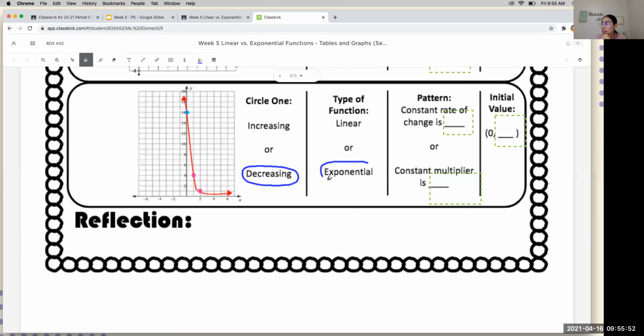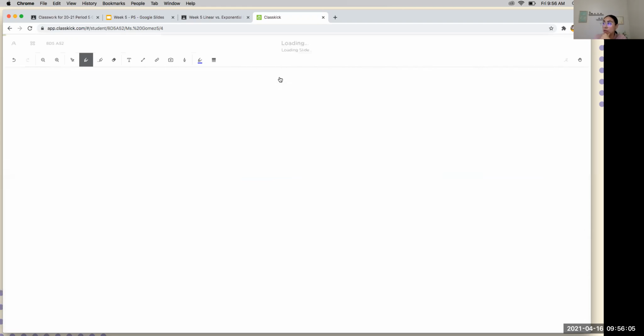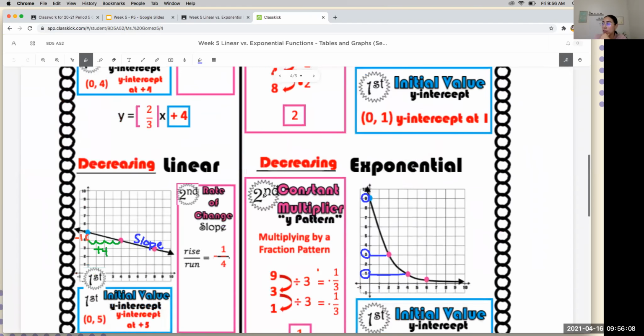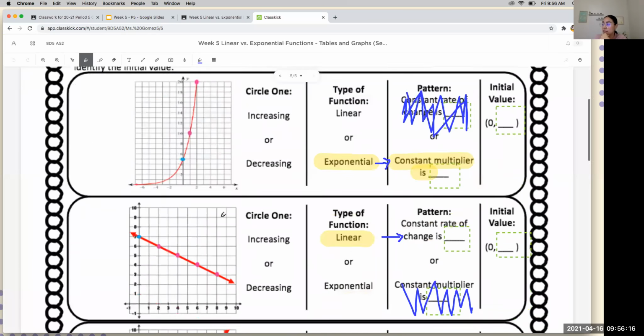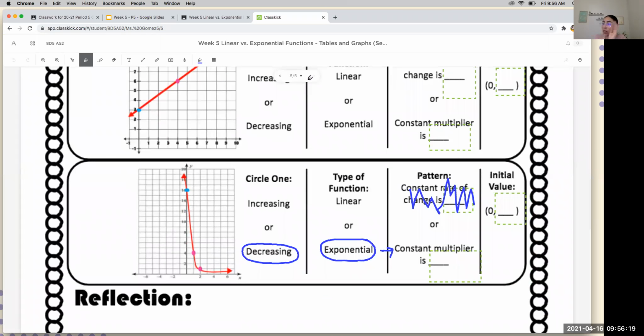So now it's exponential. So that right away tells us, oh, we're going to have a multiplier. So forget about this. You don't need that. Don't worry about it. So what is our multiplier? Well, you can come back here. We know it's this one now, decreasing, and it's coming down. It's going to be that fraction pattern. We need our y's. So I'm going to zoom in. I know it's hard to see these numbers, but that is the number 16.